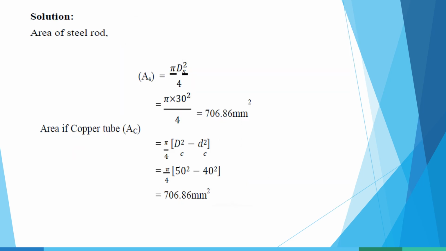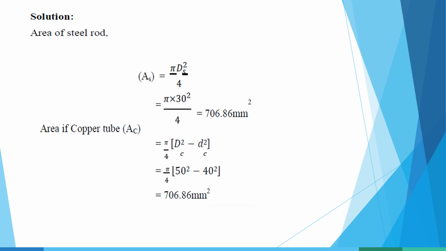Solution. Area of steel rod: area of steel is equal to pi d square by 4. Substituting the values, pi by 4 into 30 square, we get the area of steel as 706.86 mm square.